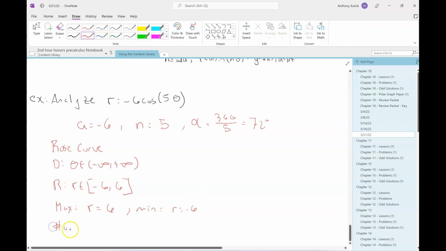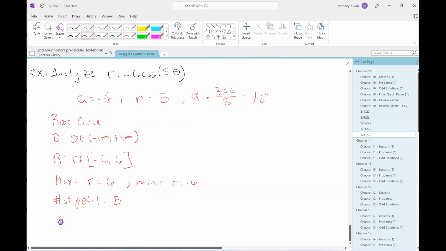The number of petals on my rose graph is going to be n, so that's 5. And my symmetry, since we're odd and a cosine function, is going to be x-axis and then 72-point symmetries.